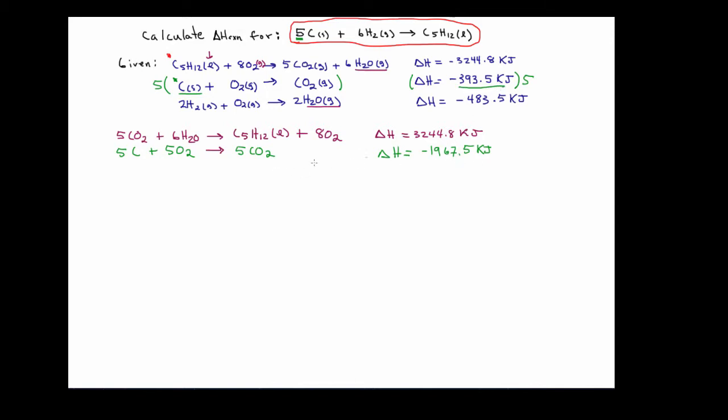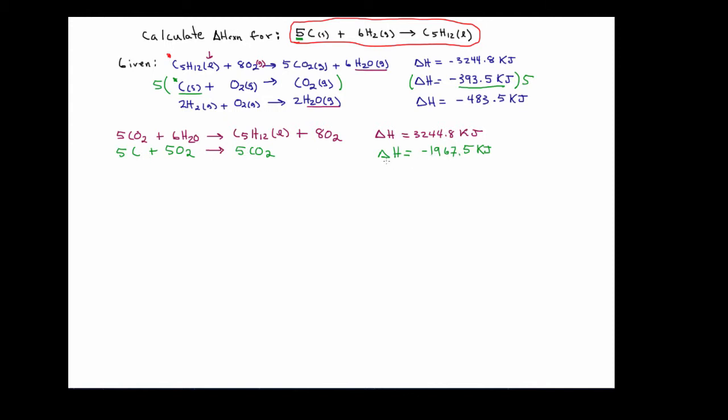If you need to pause the video to catch up with me on that, go right ahead. Alright, so I've taken care of the delta H that results by multiplying a 5 through this chemical equation. Basically what we've done is we've run this equation at a magnitude 5 times more than what the delta H was for.